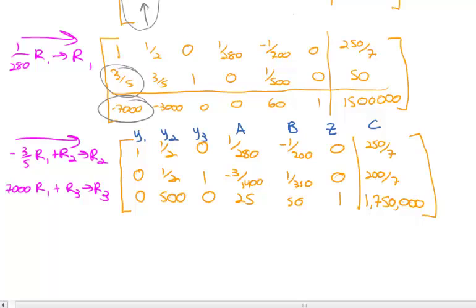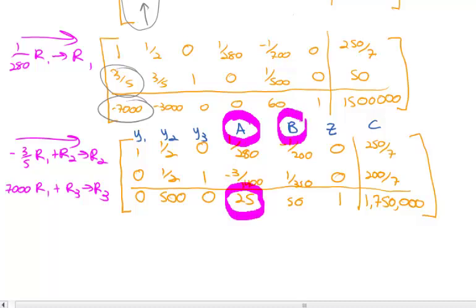The middle is the same. The end, how we interpret the final result, is also a little bit different. Our final result comes from the bottom row. The bottom row tells us the A variable is 25, the B variable is 50, and Z still works like before.